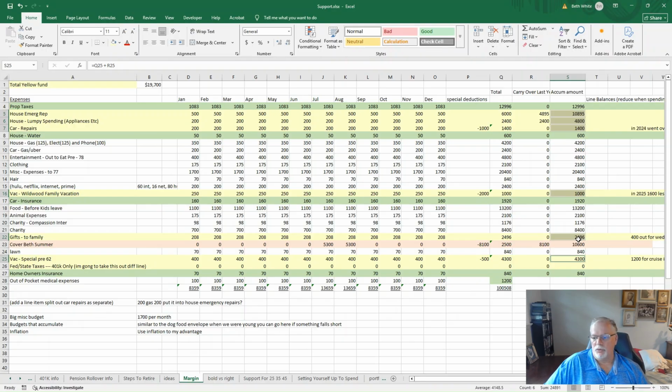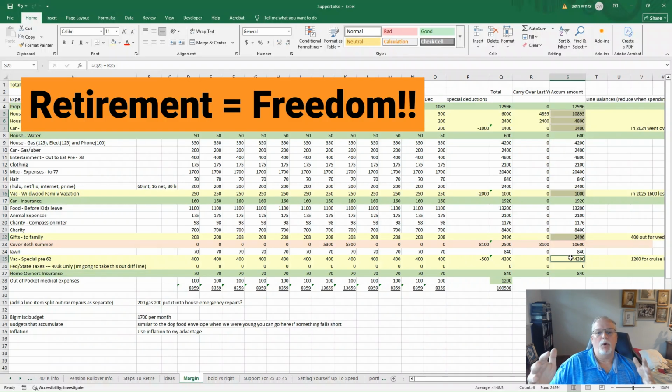I don't think I've taken anything from the Vacation Wildwood Fund yet. I've definitely taken from Vacation Special Pre 62 because I had to pay for parts of the Alaskan cruise next year, so I took it out of that. So my point is, I know what's coming out, and knowledge is power.